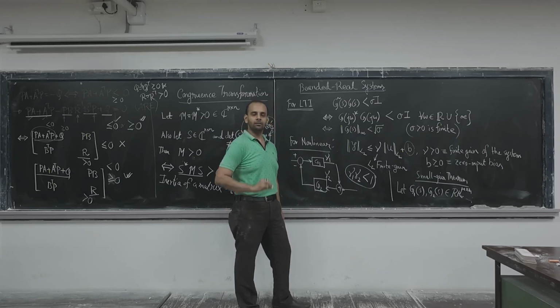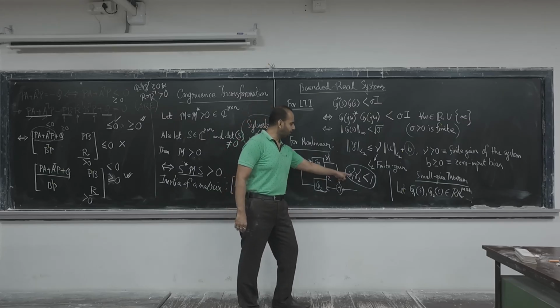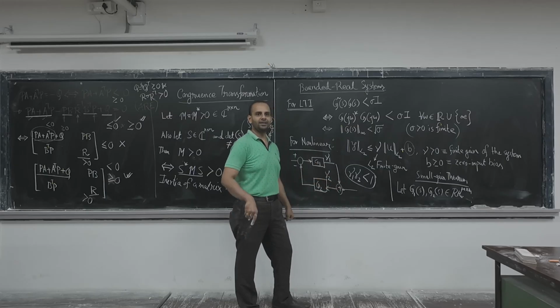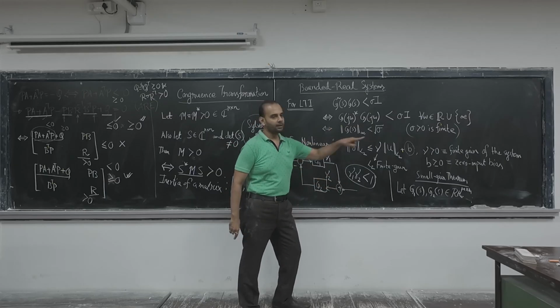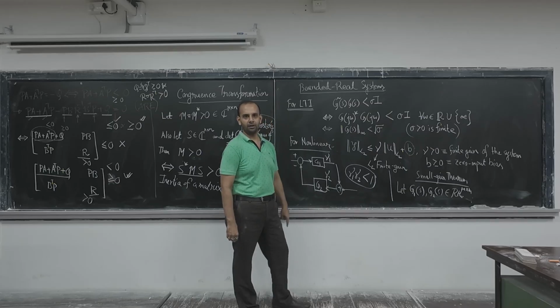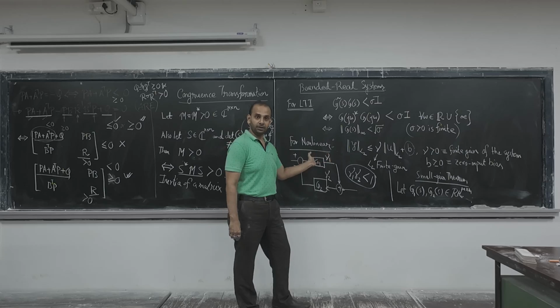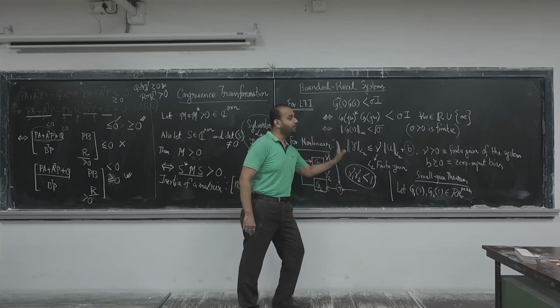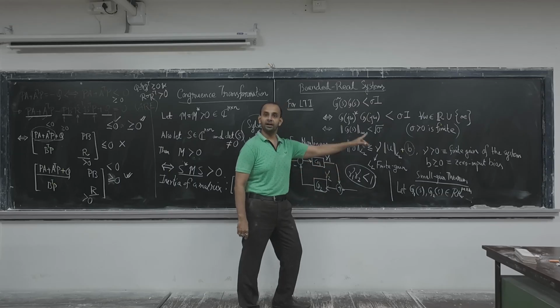Then what is the finite gain theorem? Can anybody tell me, for the nonlinear case this is the condition, gamma 1 gamma 2 less than 1, then what will be the linear version in terms of H infinity norm? Linear version means the finite gain will have its H infinity norm counterpart. Then what would be the analogous condition for linear?